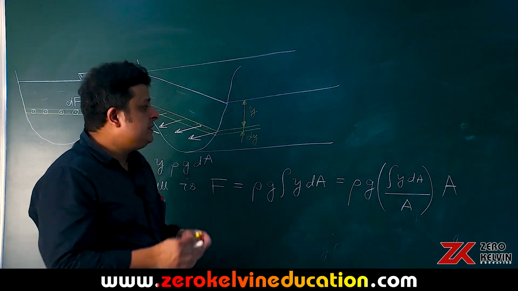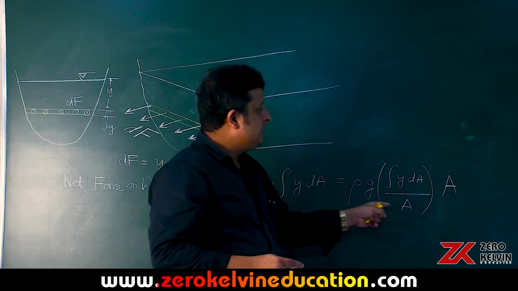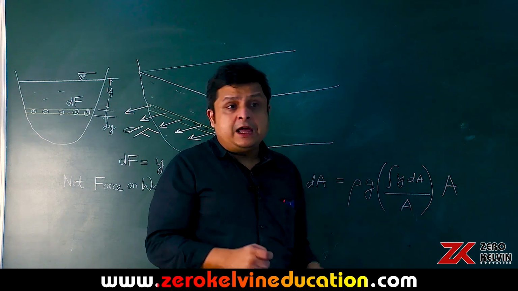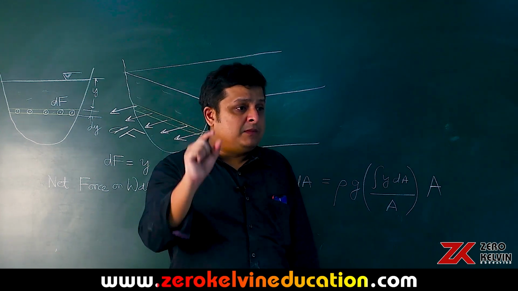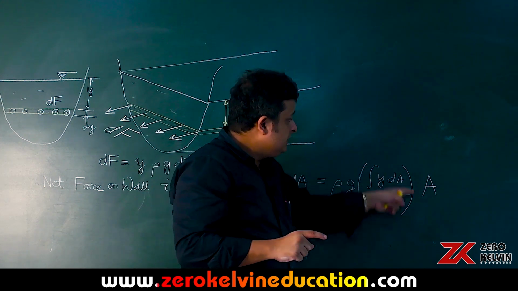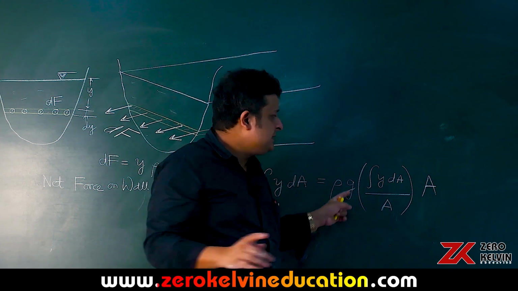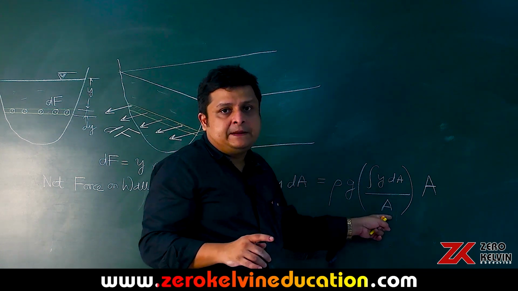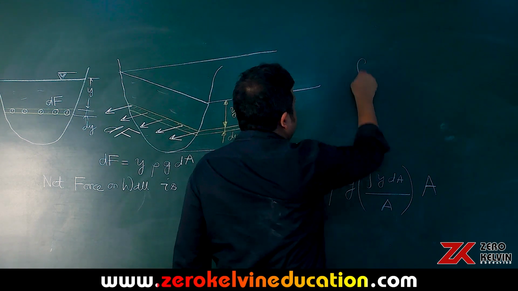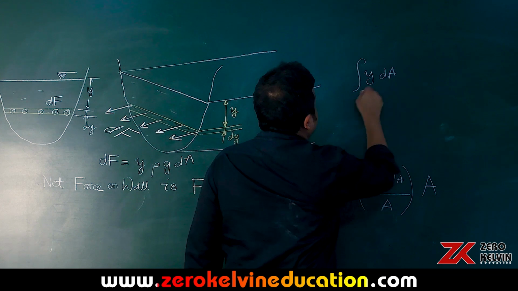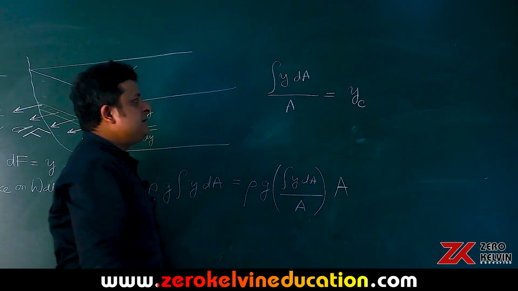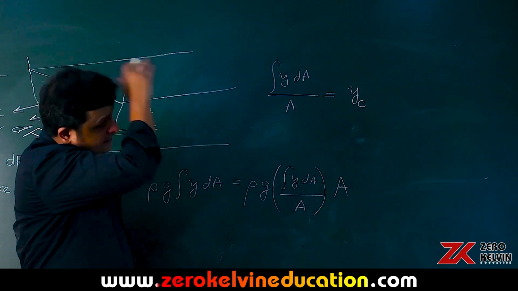If you have a lamina of this shape, this is the formula to calculate the center of mass of the lamina having uniform mass density over the surface area. Then the rho and thickness cancel and you get integral y dA by A. Here we write it as YC, the y coordinate of the centroid of the area.